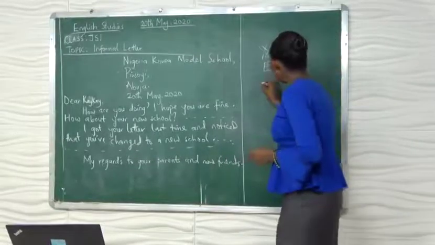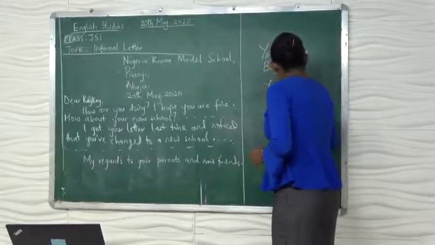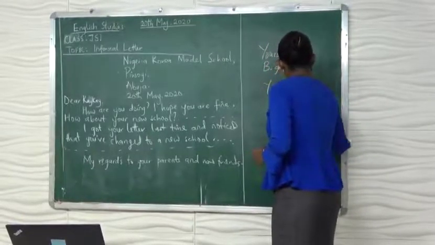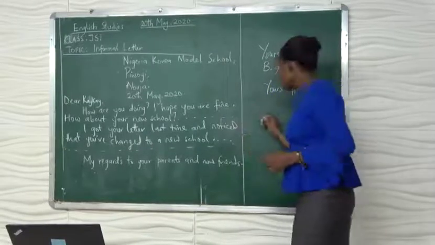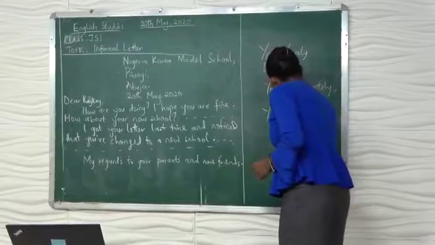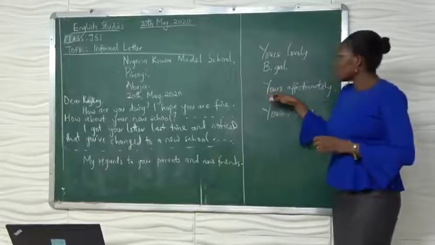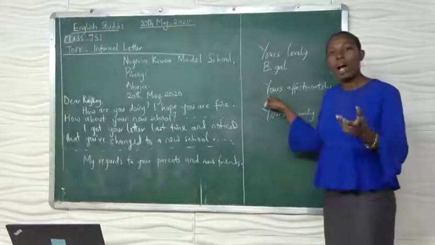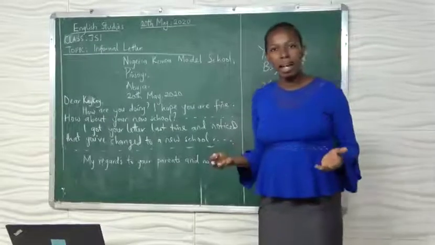Then you can also use yours affectionately. You can use all this. You can use yours sincerely. Make sure the yours begins with capital Y, while the next word begins with a small letter.